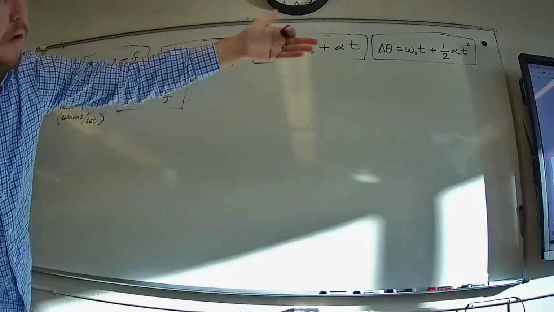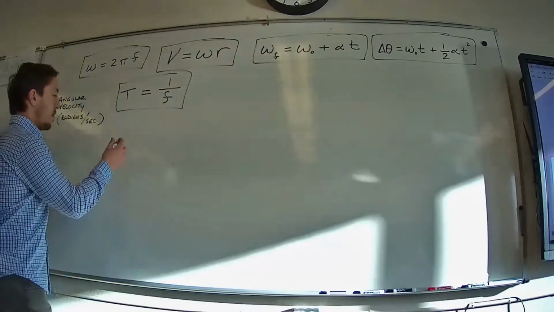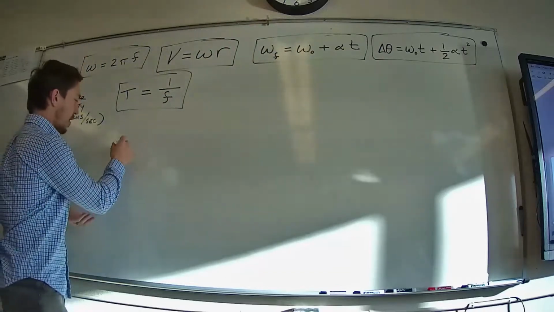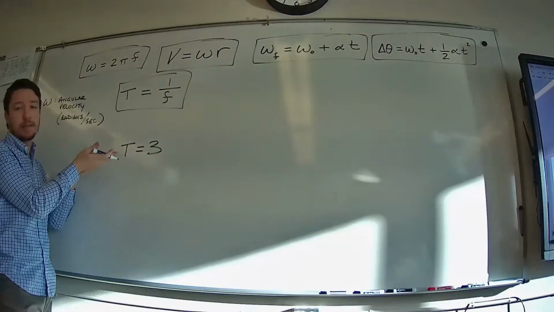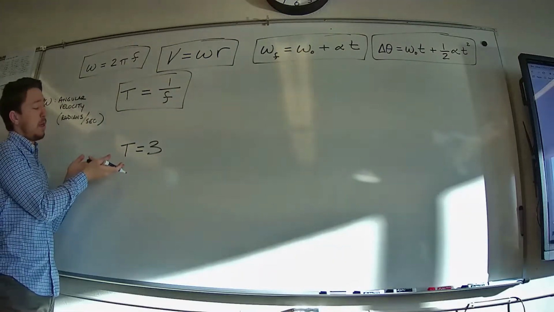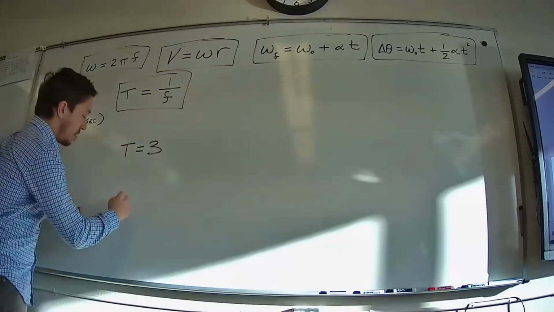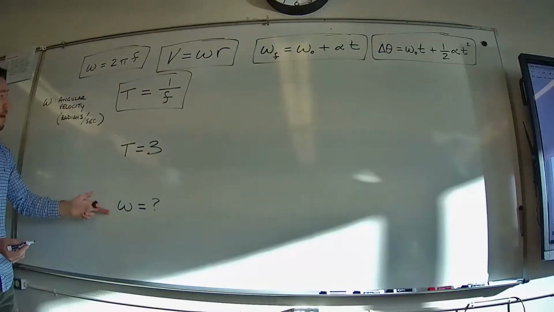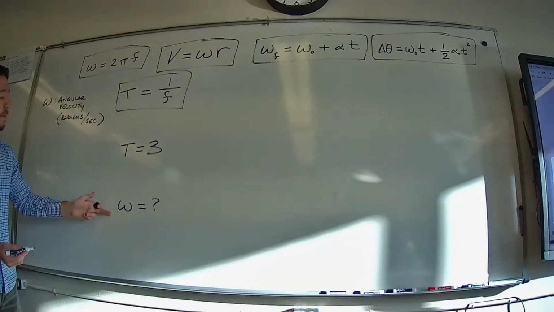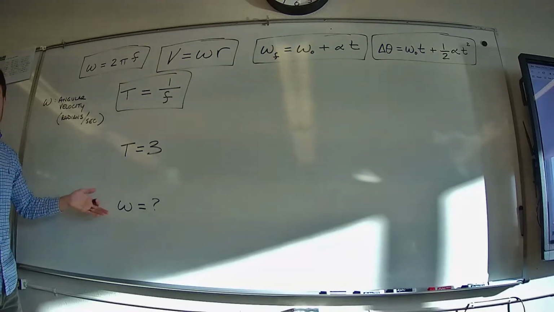Anyway, what did it say? They told us the period was 3. So like always, I suggest writing down what they tell us. They told us this, and we're trying to find this. So how do I get from here to here? By the way, you could write a single formula for this.